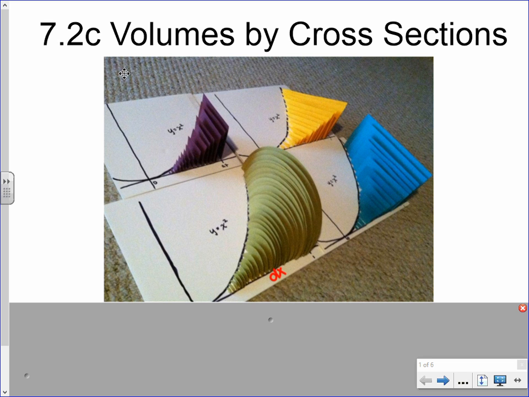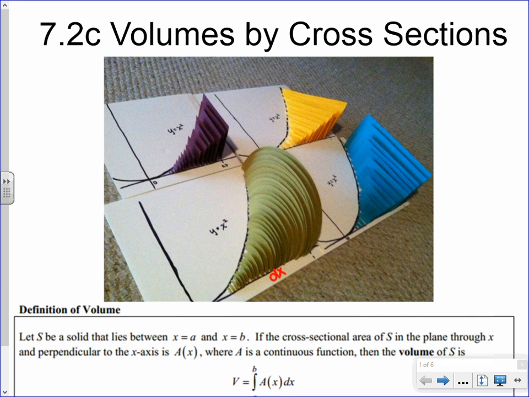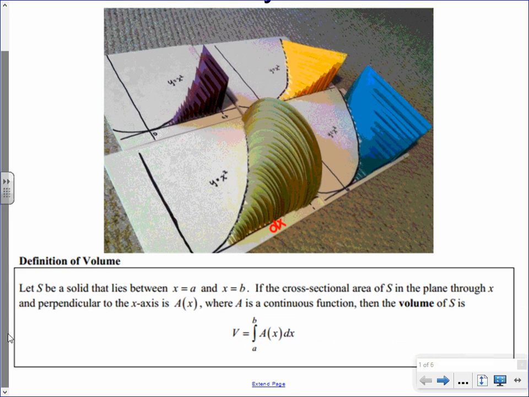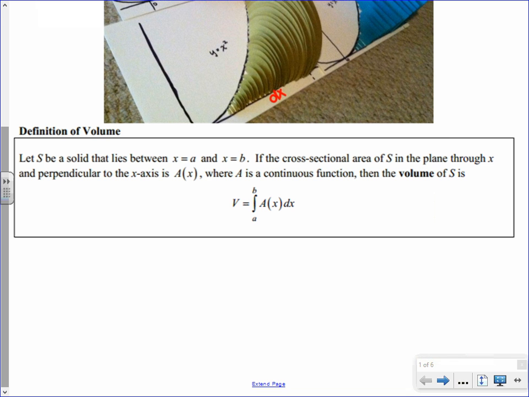Okay, so now we have infinitely many areas with thickness dx or dy that we want to add together. Okay, here is how we're going to find the volume of those. We're going to take the integral of the area times the thickness.